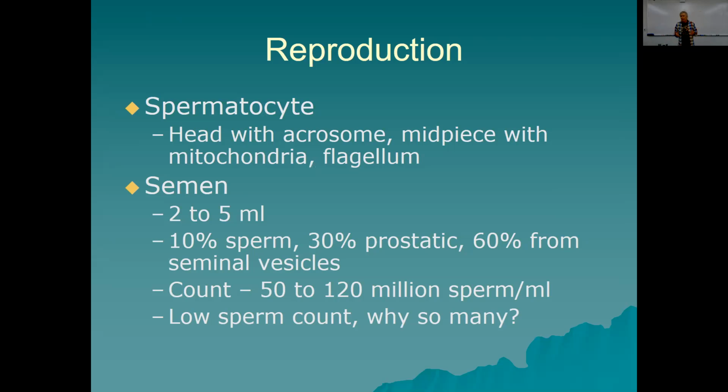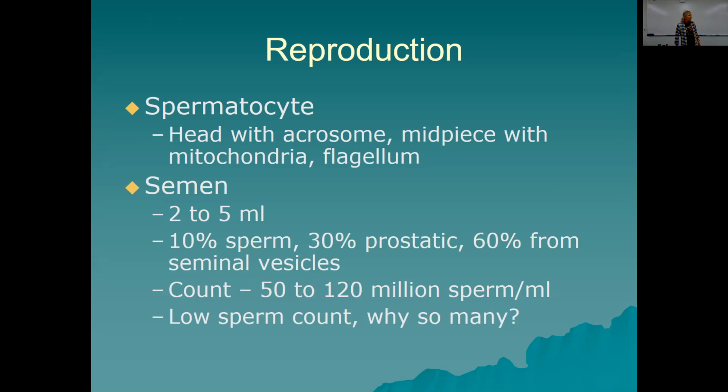There's going to be a little bit of bulbourethral fluid in there, because it goes through the urethra after the bulbourethral glands secrete there. So it's going to have a little bulbourethral fluid also. Count is 50 to 100 million sperm per milliliter. So the typical ejaculate is going to have hundreds of millions of sperm.